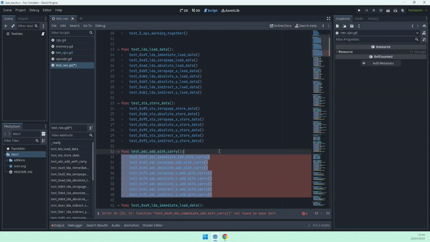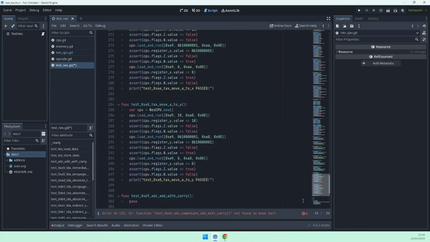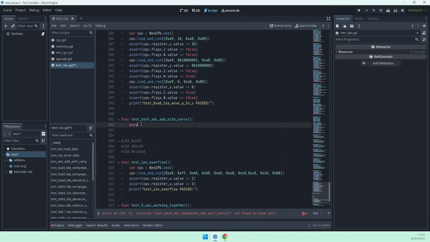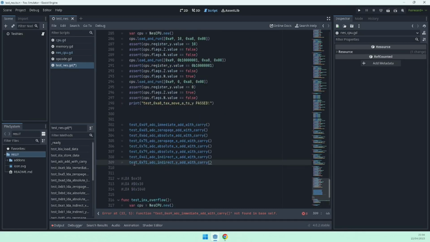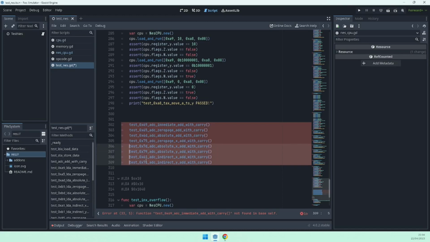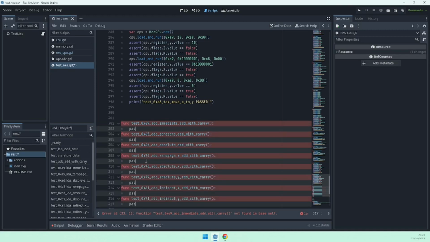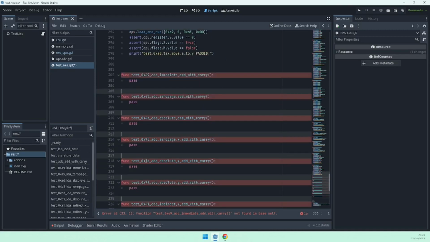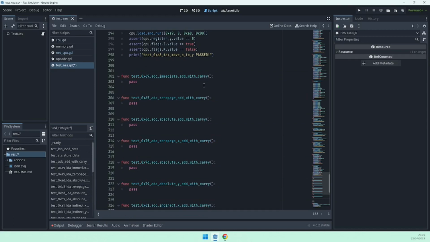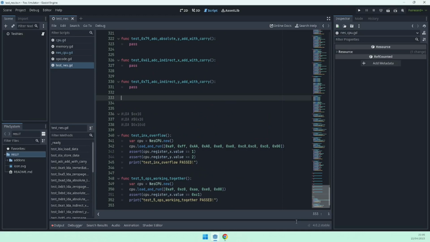Now let's copy this and let's move to the bottom, paste this, and create a function statement. Okay, so it compiles again.